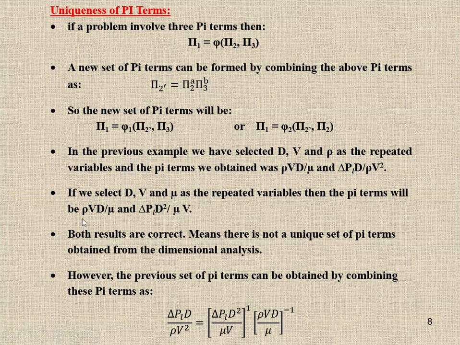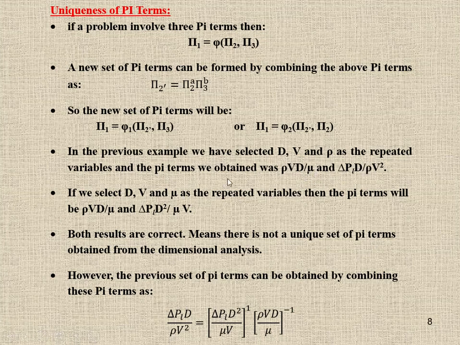This dimensionless number is the same, but there is a difference in the dependent variable factor. Here both results are correct, which means there is not a unique set of pi terms obtained from dimensional analysis, because it doesn't mean that whatever combination you use, you will get the same combination.